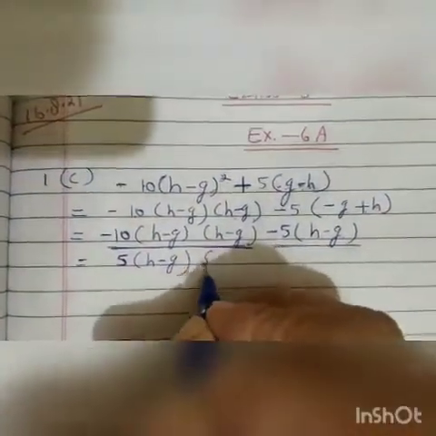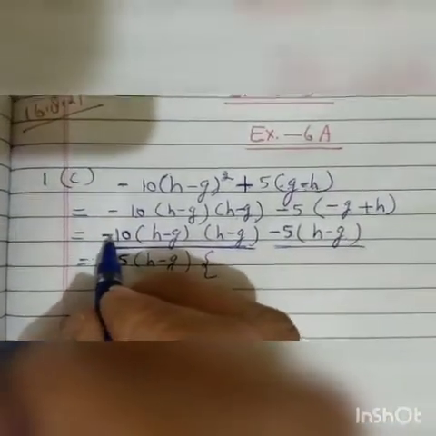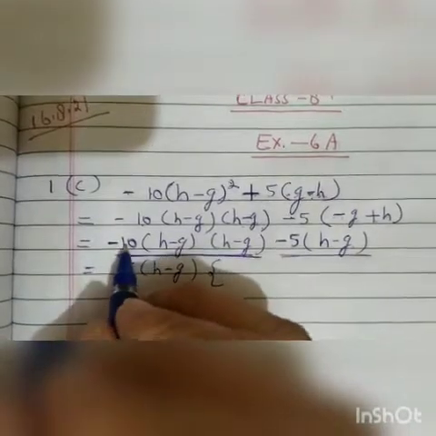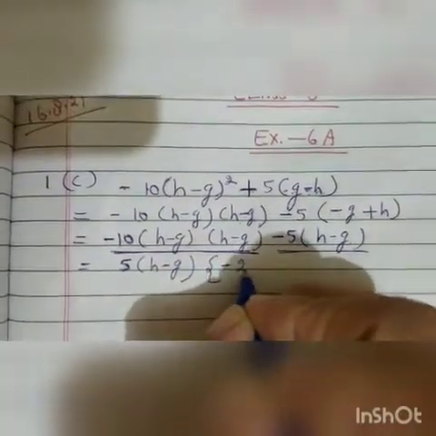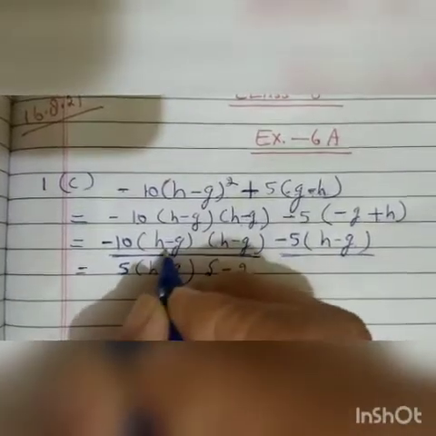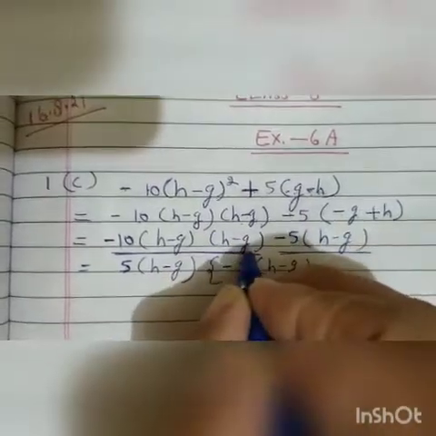Now we will write it from the start: minus 10 divided by 5 is minus 2. Then h minus g is common, so it will cancel. What is left? h minus g is left from here.